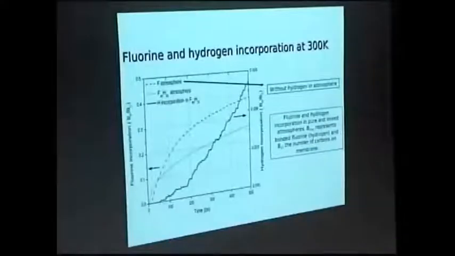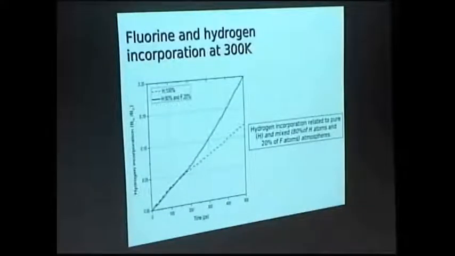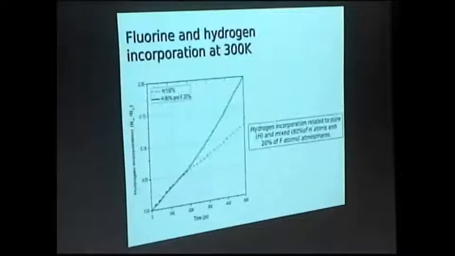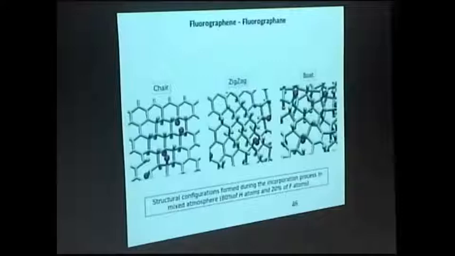And then here is the new information that this paper brought. That is, if you have hydrogen and fluorine in the system, the fluorine will increase the hydrogen capture of the system. And we will see this in a few minutes.